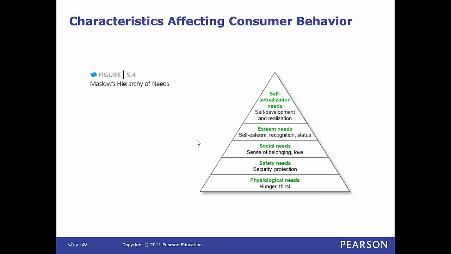For example, if an author writes a book, one of the major motives for him to write a book is to be known by this book, for example, after his death. So based on Maslow's hierarchy of needs, those are the common needs that everyone faces in his life.